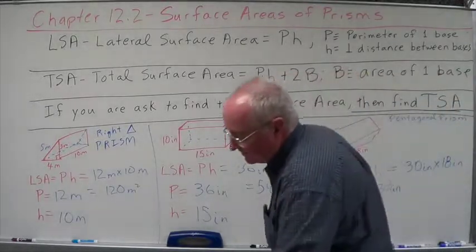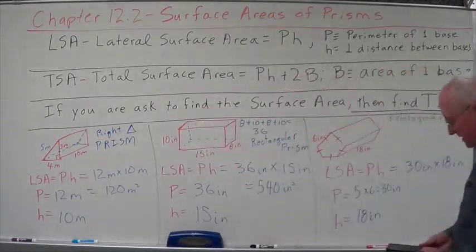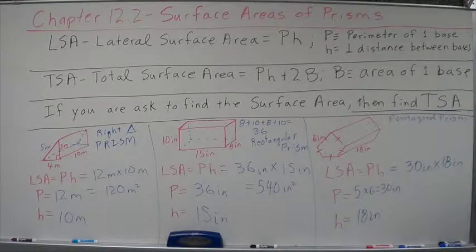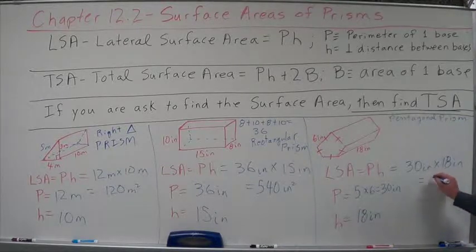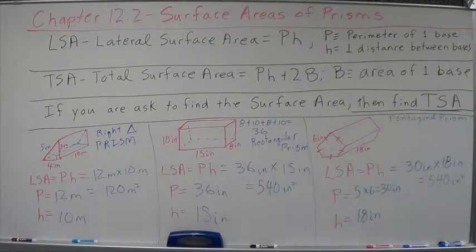Well, I think that ought to be 300 plus 240, about 540 again. 30 times 18. What do you know? Equals 540 inches squared. Okay? 540 inches squared. Not too bad. All right? Samples of how to find the lateral surface area of a prism.